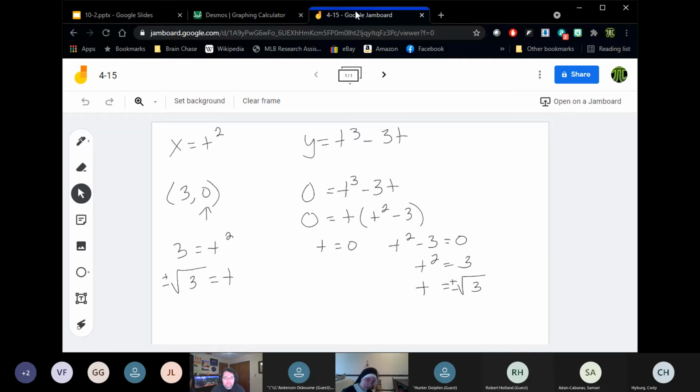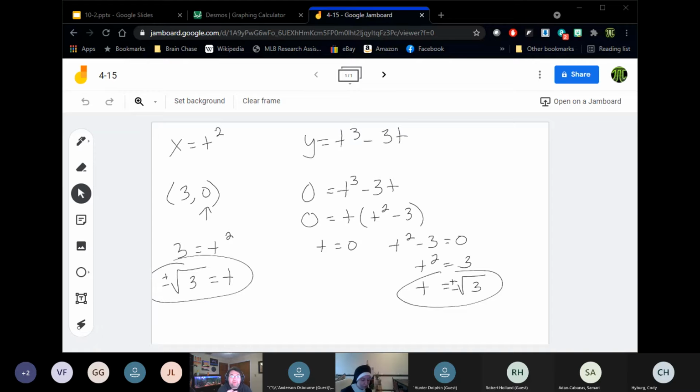Everybody understand where that came from? Yeah, you just plugged it back in. And the big key is it has to work in both of them. It can't just work for one, because if you just did it on the y, you'd say I have 3 points, but the 0 doesn't work in the x. So my t values are plus or minus the square root of 3.